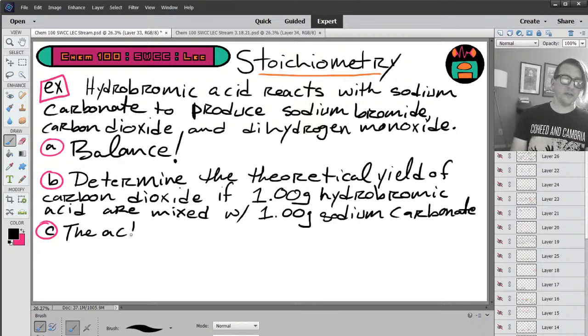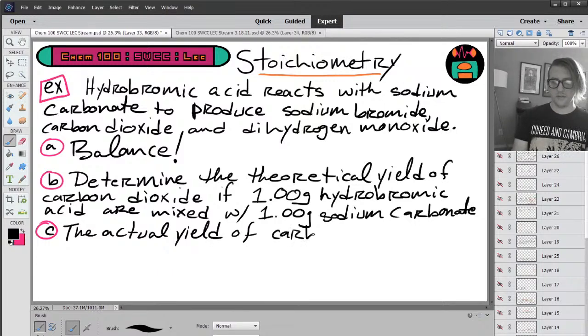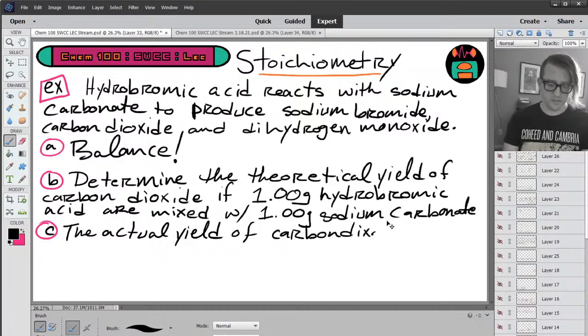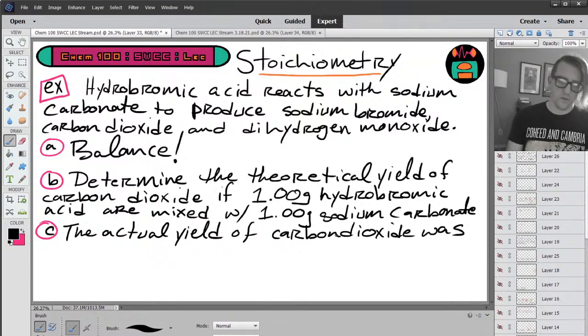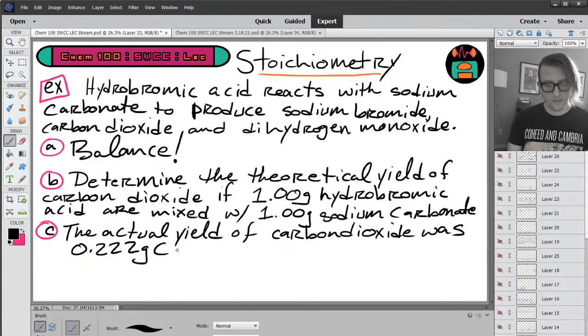The actual yield of carbon dioxide was 0.222 grams of CO2 or carbon dioxide.